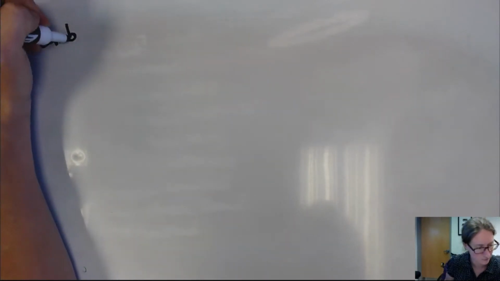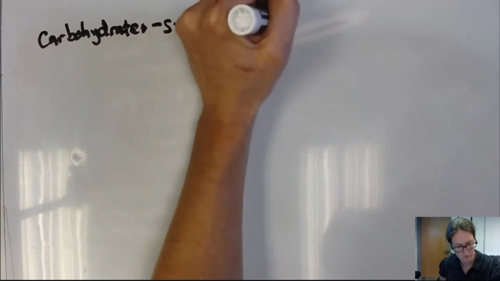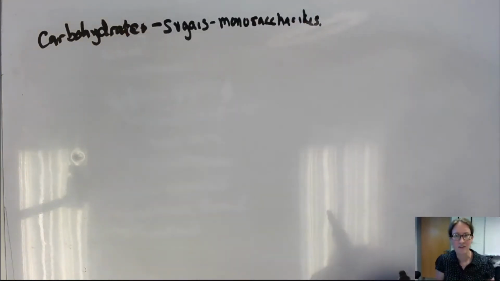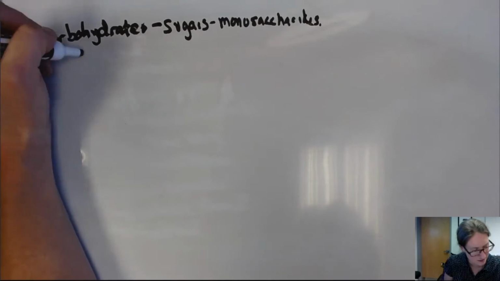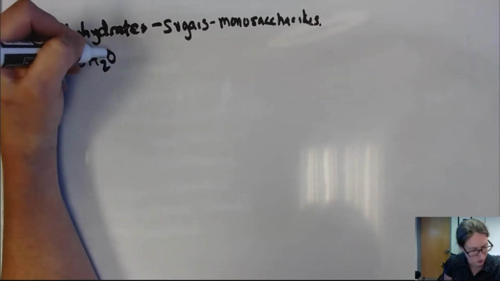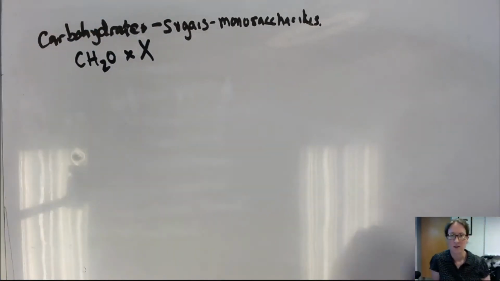Okay, so carbohydrates are built from individual units that are sugars, also known as monosaccharides. But there are a lot of different kinds of monosaccharides possible, but one thing that they generally share in common is that they're composed of some multiple of the unit CH2O. So say CH2O times X. Okay?